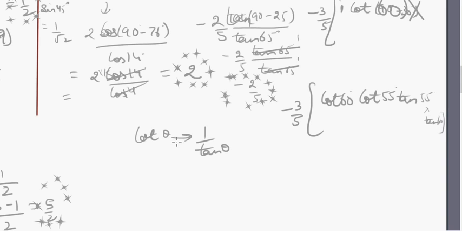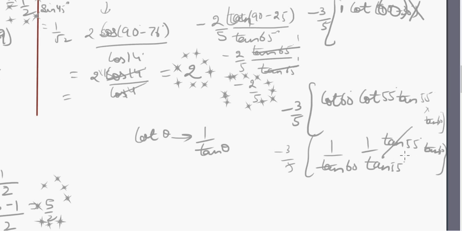That is, cotangent 60 will become 1 over tangent 60 degree. Similarly, here it will become 1 over tangent 55 degree. So this tangent 55 degree will cancel this part, this tangent 60 degree will cancel this part, and we will be left with only minus 3 by 5 into 1, that is minus 3 by 5 only.